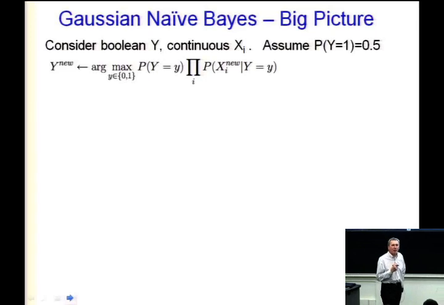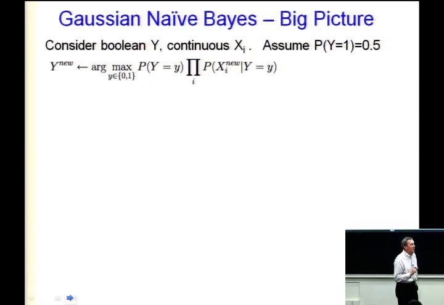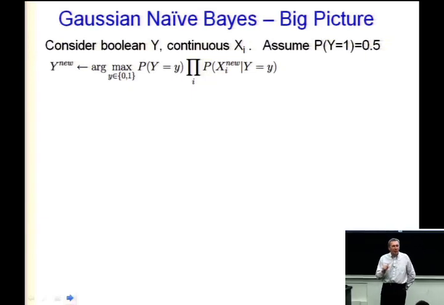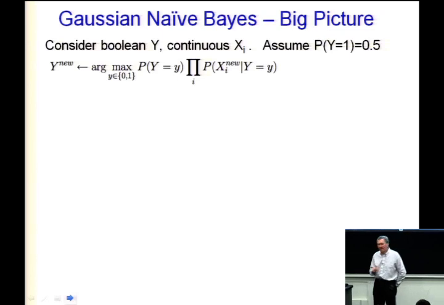So suppose we want to train a naive Bayes classifier. Let's take a very simple case. We have one continuous variable, x sub 1, and we're trying to predict a Boolean y. Maybe we're trying to predict whether a student is a basketball player, yes or no, and we'll use the height of the person as our single continuous variable.